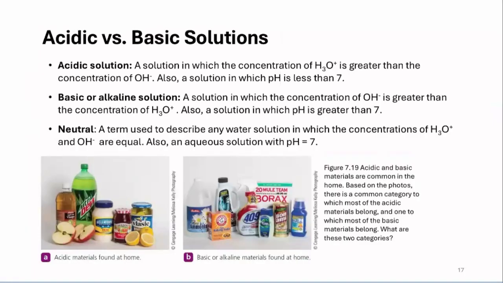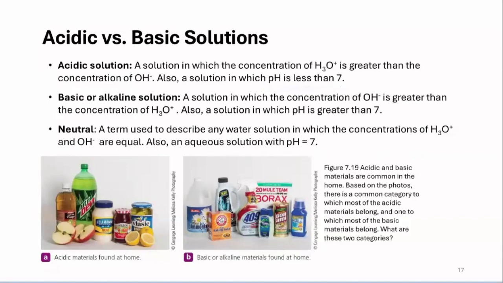Overall, an acidic solution, as I just mentioned, is a solution in which the hydronium concentration is higher than that of hydroxide. On this logarithmic scale called pH, that means the value of pH is going to be less than 7.